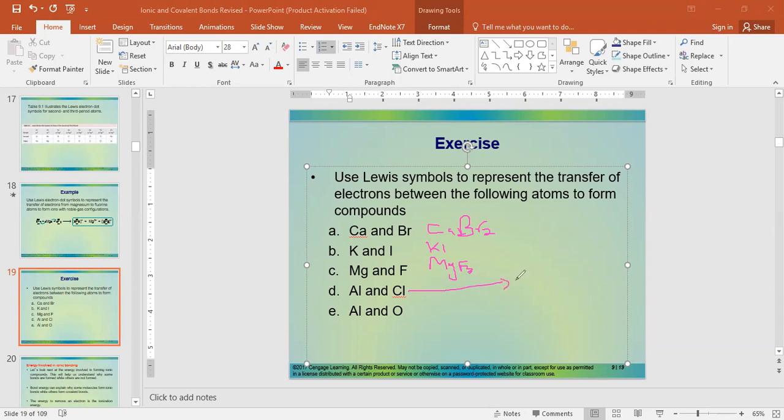This one is going to give us AlCl3. And when you expose it to some high temperatures, you actually get a dimer, which is Al2Cl6. Now, this one is what we call Al2O3. Remember, we have got what we call the exchange of valencies.